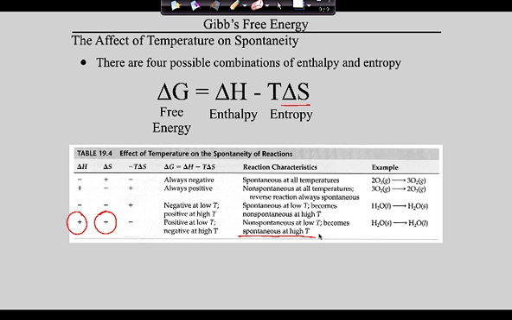So this reaction will be spontaneous at high temperatures. Is that okay? Okay. That's going to be specifically anytime T delta S is a larger absolute value than the negative delta H, only if your delta S is positive. If your delta S is negative, it would be the inverse of that, right?